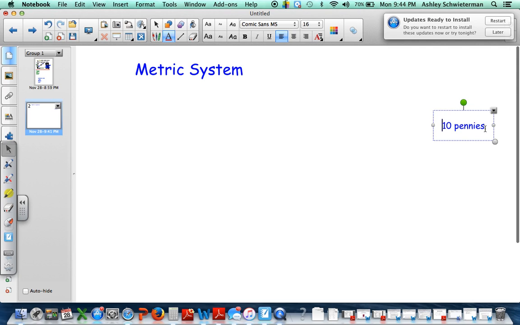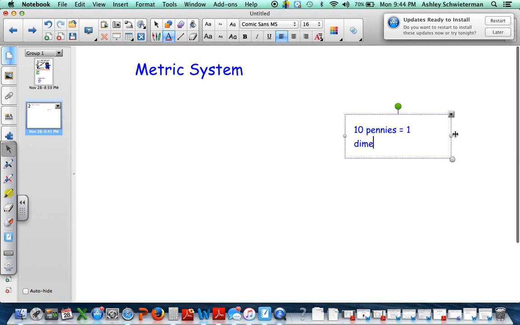And what people get confused is that because it says 1, it doesn't mean that it's less. It just means we have a different unit that you're looking at. Here we have pennies, here we have dimes. So they're the same, they're equivalent. It's just you have different units. It takes more pennies to make up dimes.